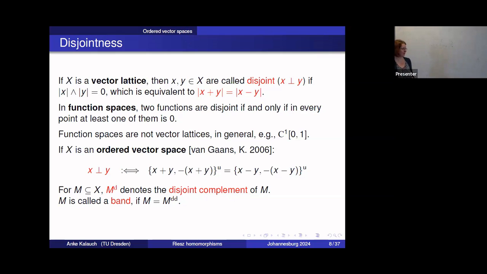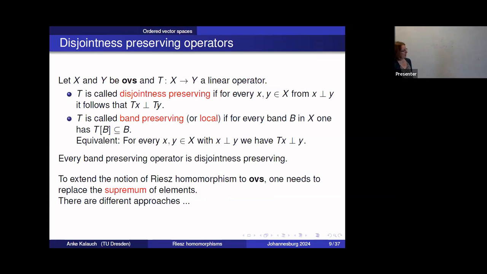And with this, you can also define disjoint complements and bands. It's the same as in the case of Archimedean vector lattices. So all these objects are there now. And therefore, you have a very natural extension of the classical disjointness preserving operators on lattices. You can do now the same on ordered vector spaces with this new notion of disjointness.